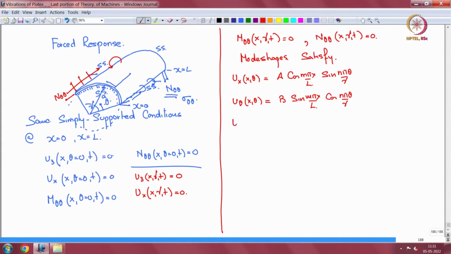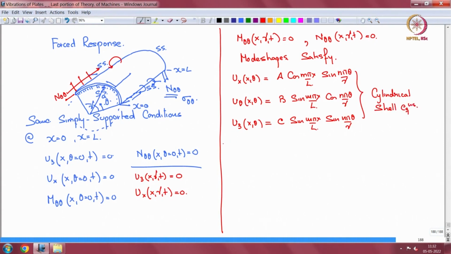And u3 at x comma theta is c sin m pi x over L sin n pi theta over gamma. Now if you substitute this into the cylindrical shell equations, that means what?